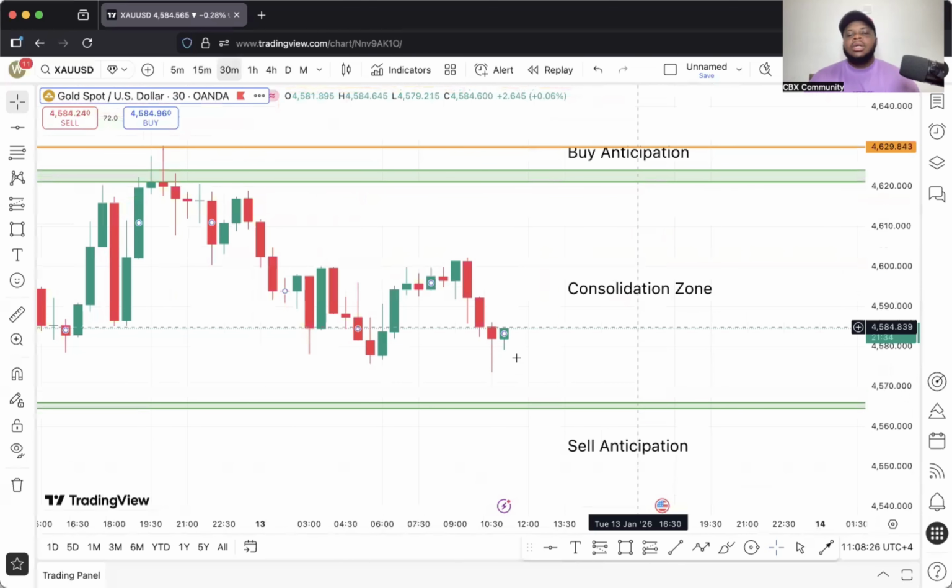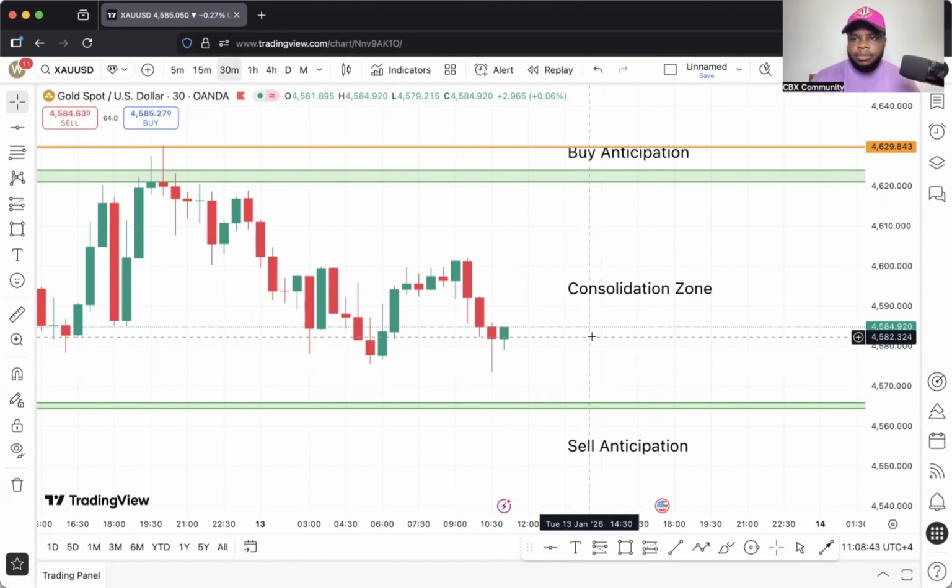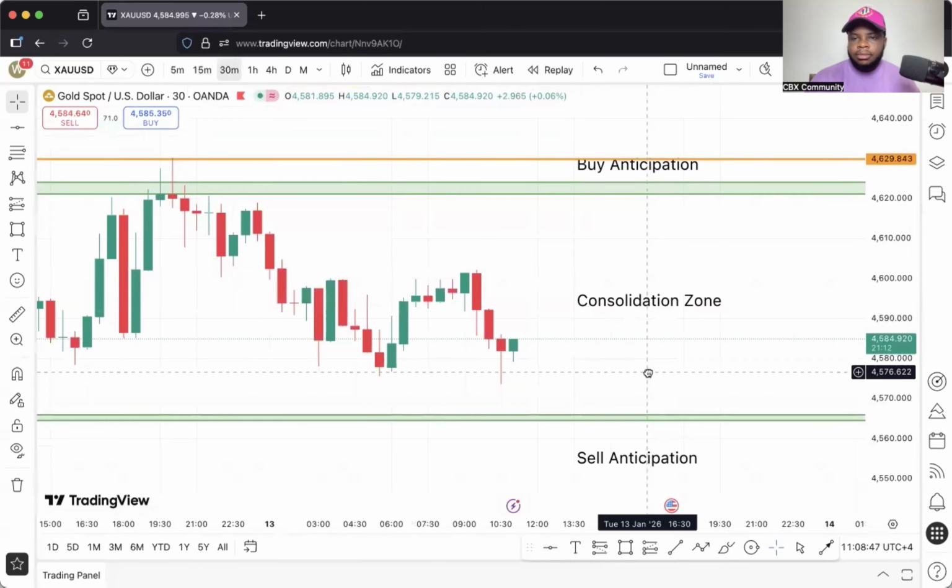Let's see what this recent 30 minutes candle wants to do, since it's the beginning of the London session. All we need to do is just wait. We don't need to do anything.